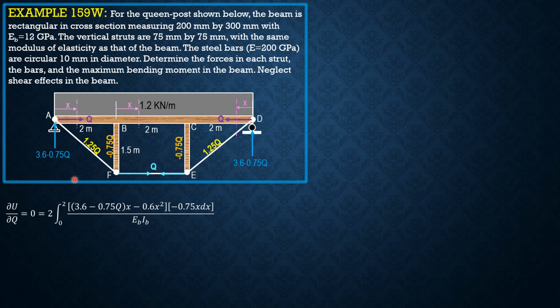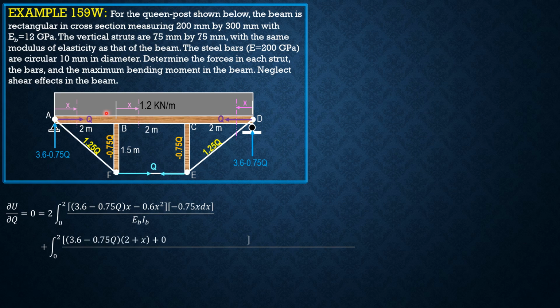And partial derivative with respect to Q is equal to negative 0.75 X dx over E of beam, I of beam.